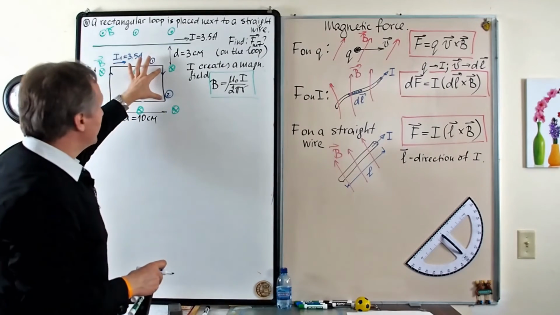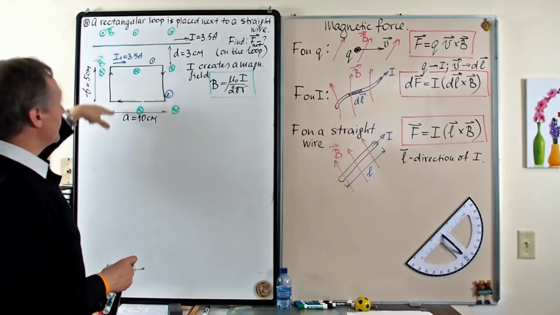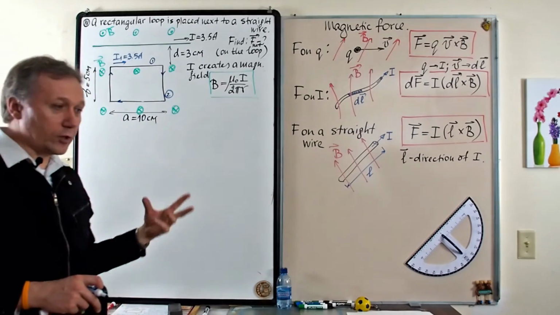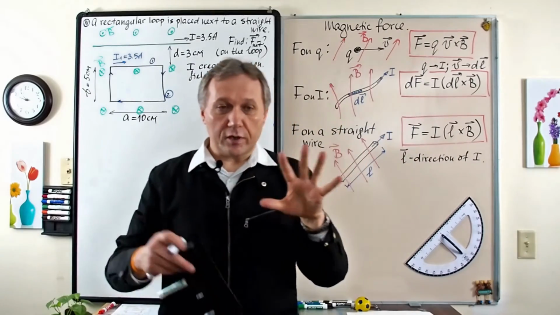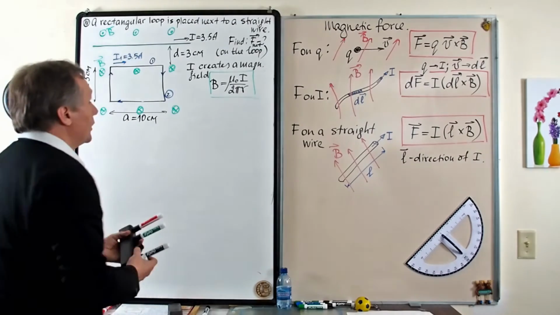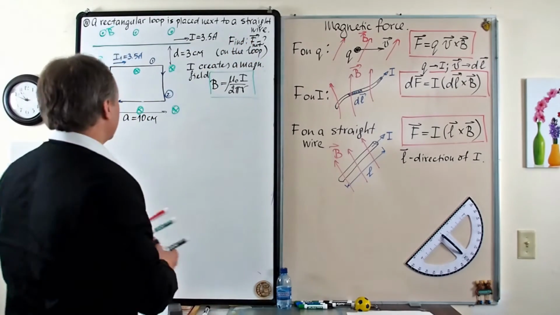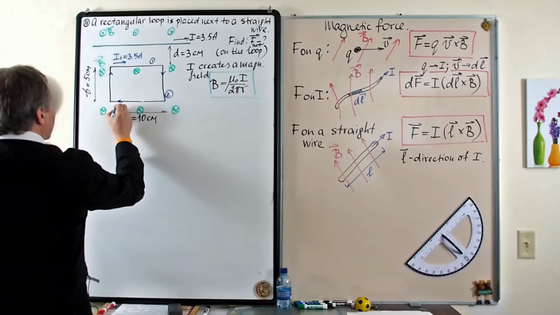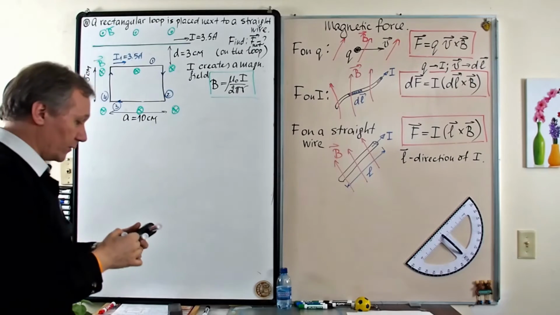Then this piece of wire, again exposed to the magnetic field, that formula can be used. Then this and that. So we're going to have 4 parts and 4 forces, which if you add them up, you're going to get the net force which we need to find at the end. So this will be number 3, and this will be piece of the loop number 4.